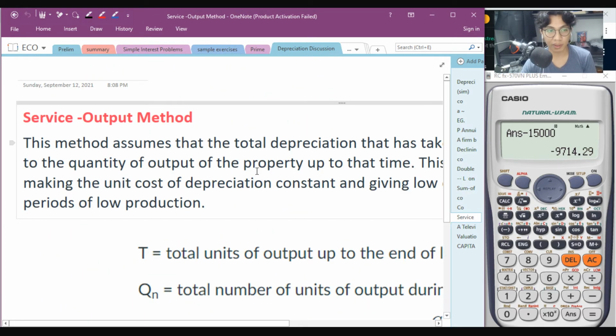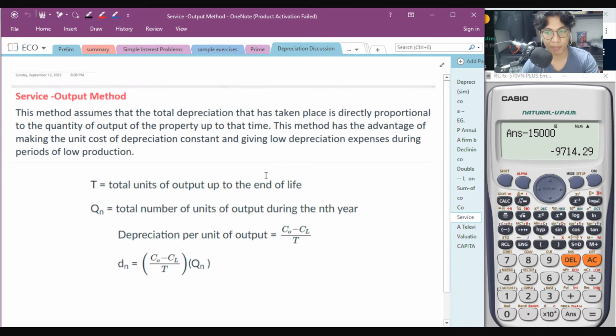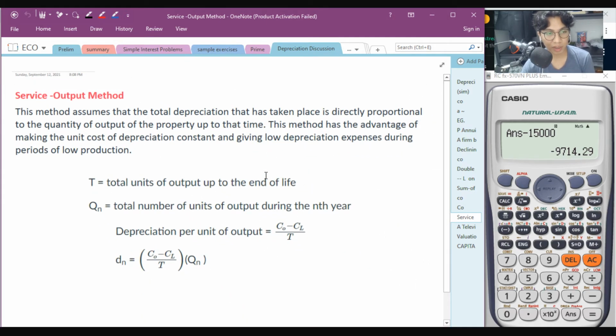Another one, service output method. This method assumes that the total depreciation that has taken place is directly proportional to the quantity of the output of the property up to that time.